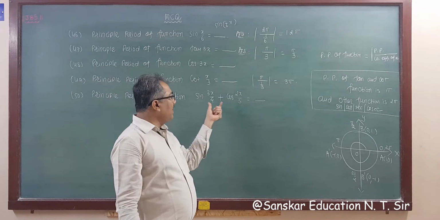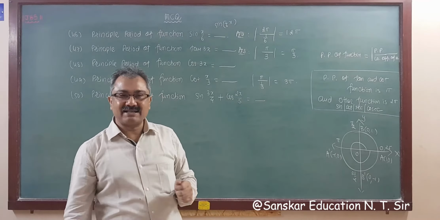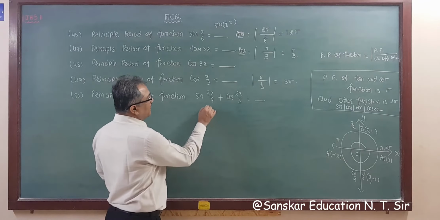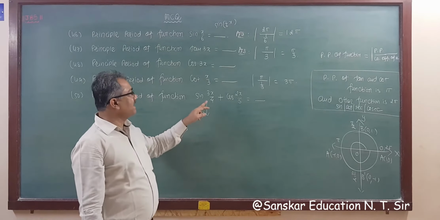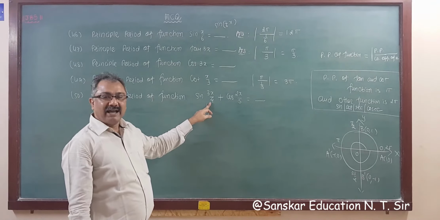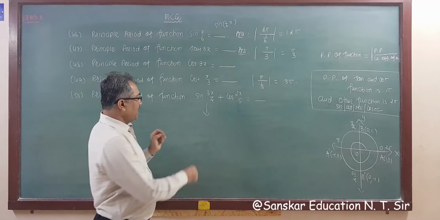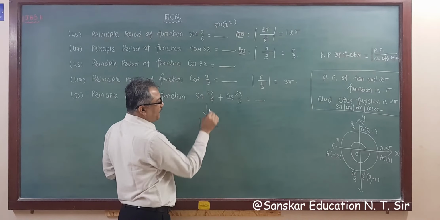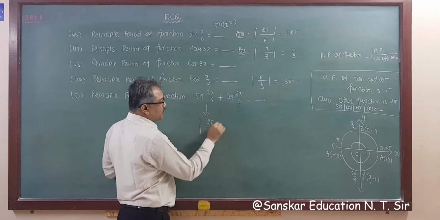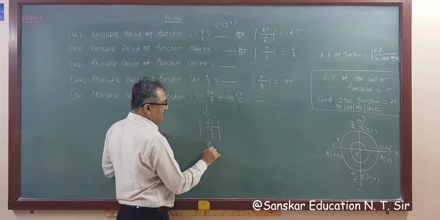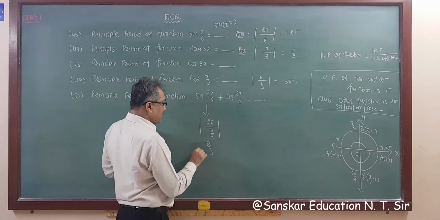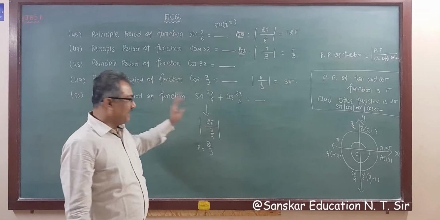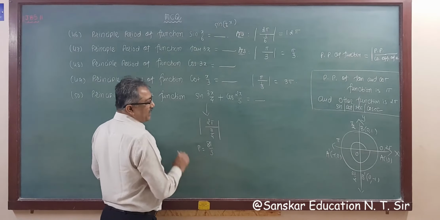Now if the sum of functions is given, this is a sum of 2 functions, then what you have to do is first find the principal period of each. The principal period of this is 8 pi by 3, because the sine principal period is 2 pi upon the coefficient of x, which is 3 by 4. So the answer is 8 pi by 3. Say this is p, the principal period of the first function f(x), p is equal to 8 pi by 3.